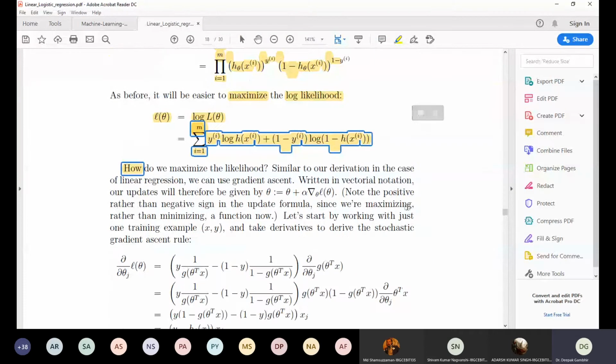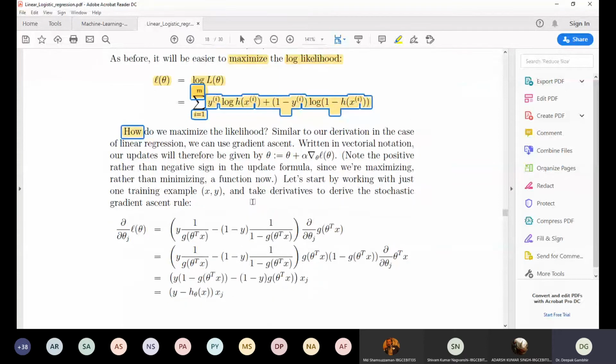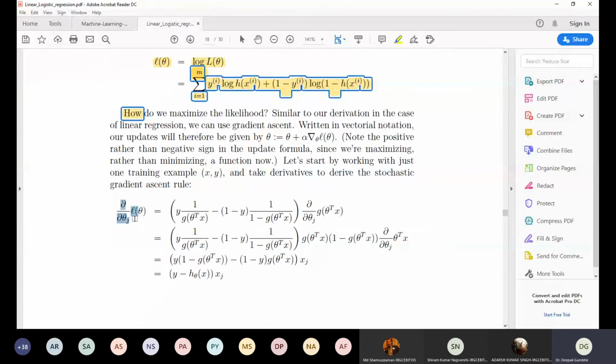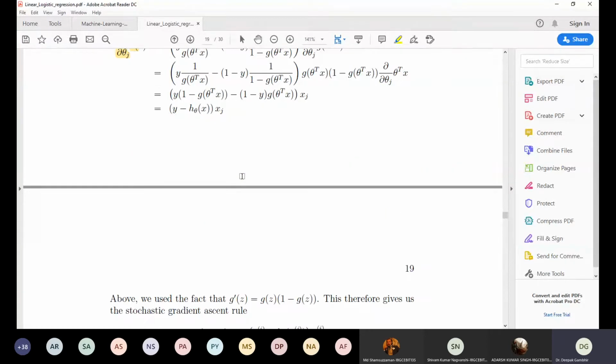This is the log likelihood. Now our target is to maximize it. To maximize it, again we use the derivative of the log likelihood function, and we set it to 0 to get our output.